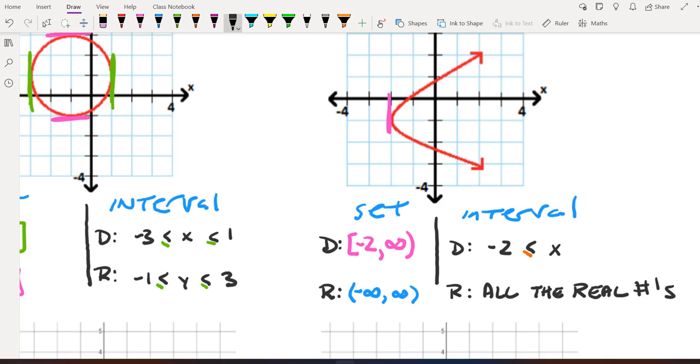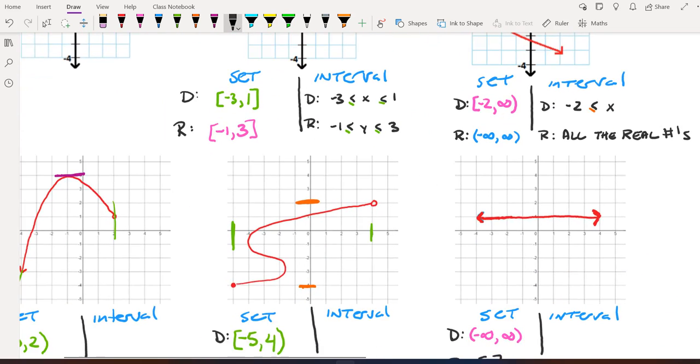And when you get to university, if you're doing some math or science in the future, you'll learn about non-real numbers. We call those imaginary numbers. So there are some things other than real numbers as well. That's what we say for negative infinity to positive infinity. All the real numbers. Okay?